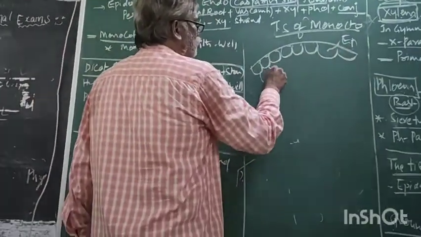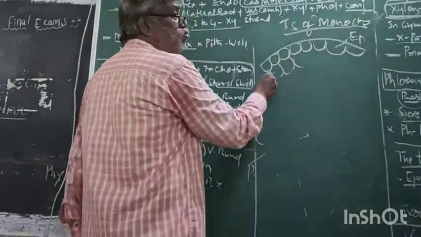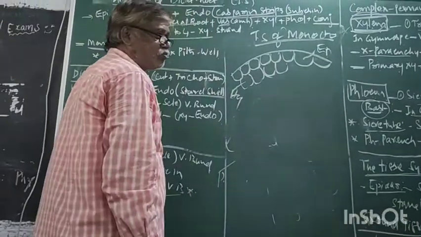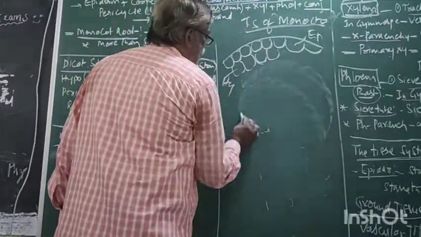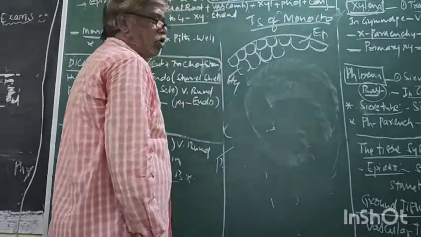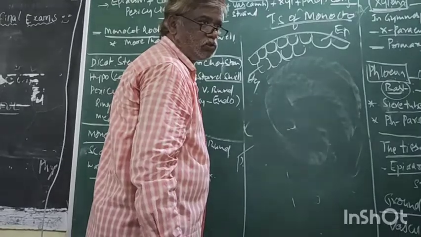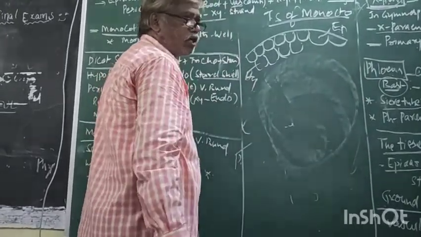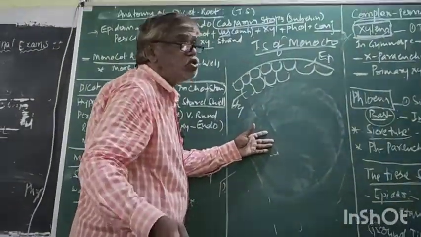Below the epidermis is the hypodermis. It is made of sclerenchyma, but not chlorenchyma. Then the cortex. There is no pericycle and no endodermis. Now what is this total cortex? This cortex is called the ground tissue.